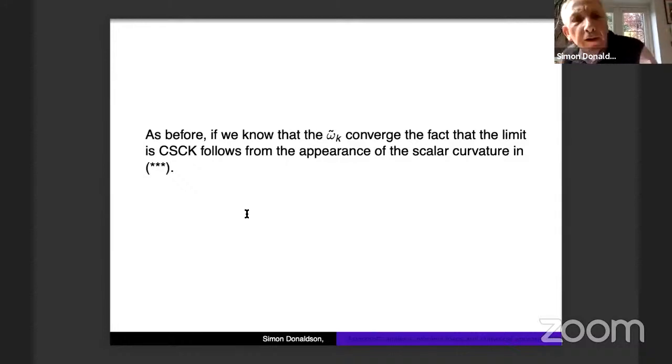So as before, parts of this are relatively straightforward, coming from Liu's result that the scalar curvature appears in the first interesting term in the asymptotic expansion.